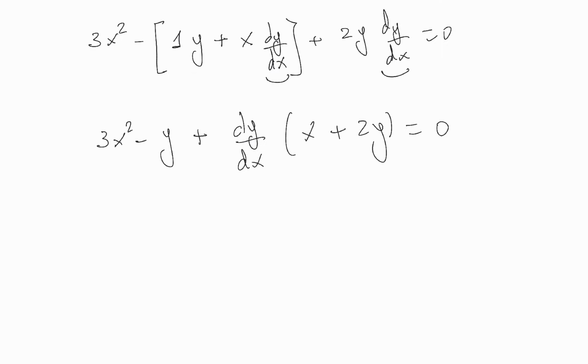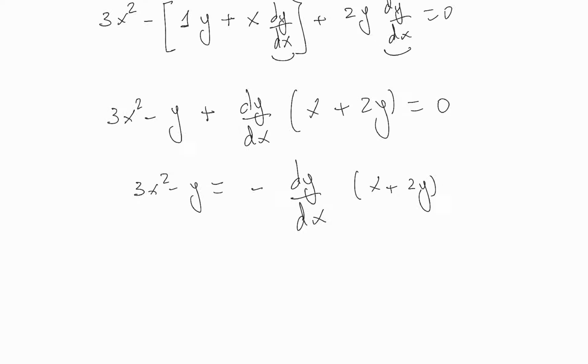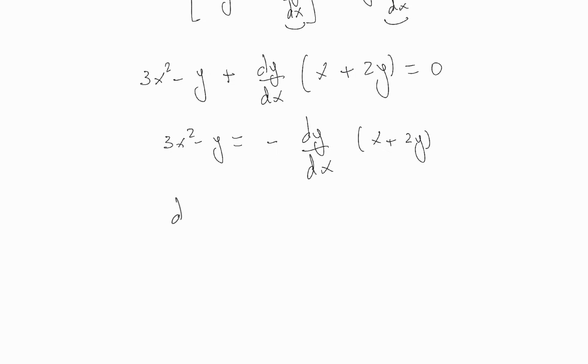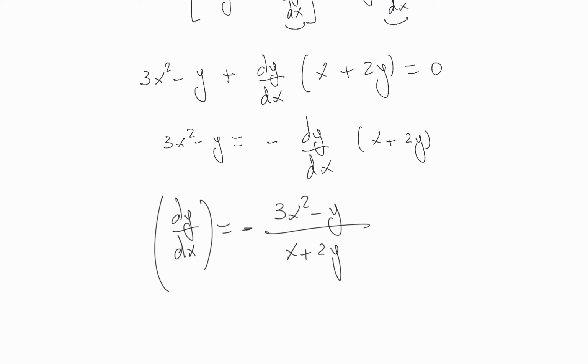So 3x squared minus y equals minus the derivative of y with respect to x multiplied by x plus 2y. And what is the derivative of y with respect to x? It is minus 3x squared minus y divided by x plus 2y. And we have done the derivative of y with respect to x at any point x, y.